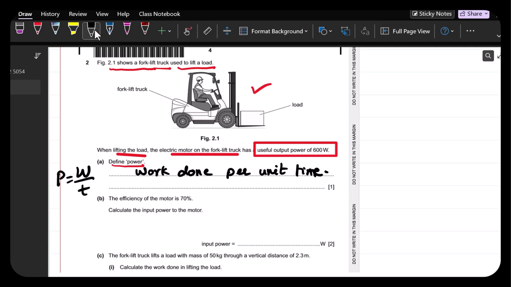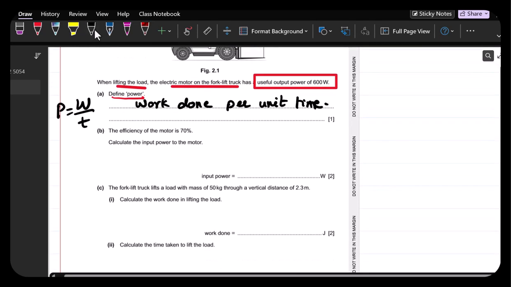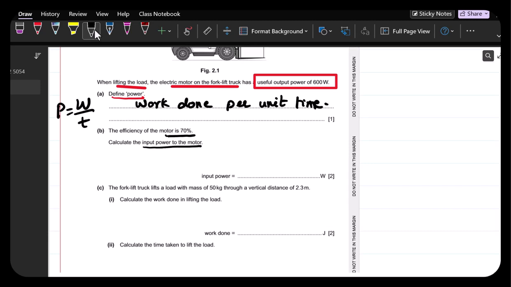So moving forward to B part, the efficiency of the motor is given, that is 70%. Calculate the input power. You have to remember the formula: efficiency is equal to useful output power, not wasted, divided by total input power.